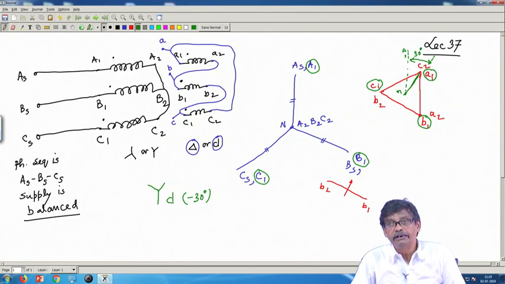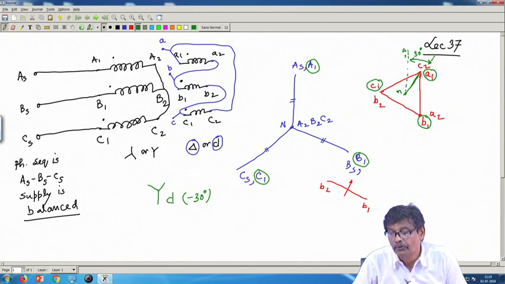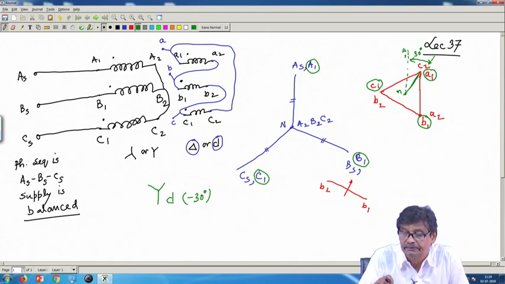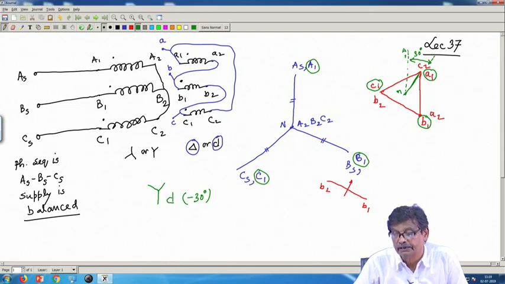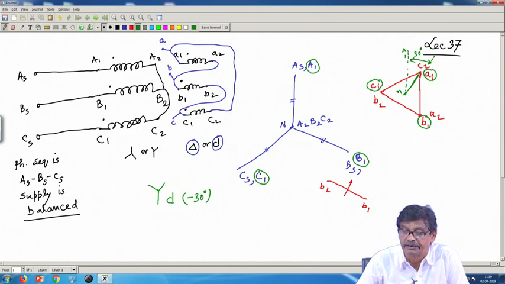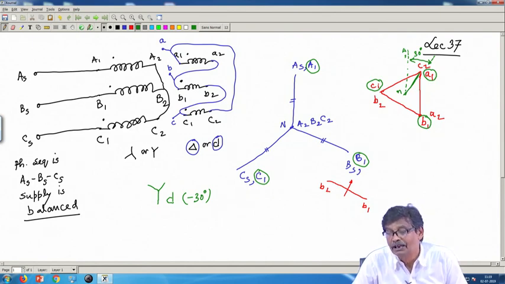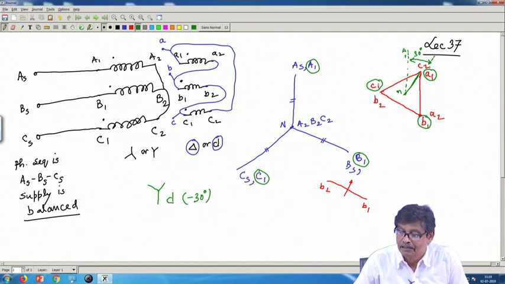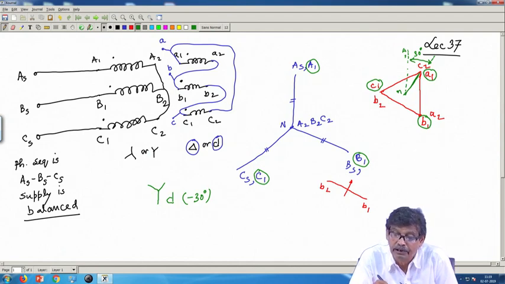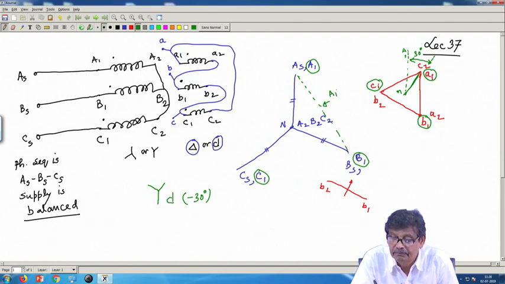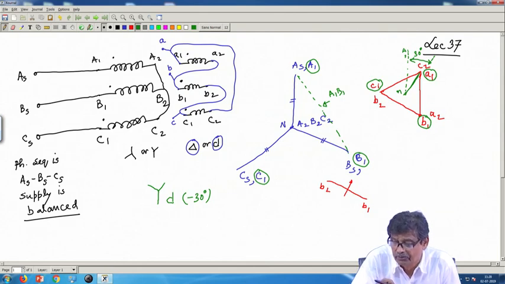But one important thing also, you note that it is not only the phase voltages, that is A1 with respect to neutral, that maintains 30 degree. What about the line to line voltage? For example, primary side line to line voltage A1 B1, because phase sequence is this. So, this voltage is A1 B1, which happens to be equal to AS BS.